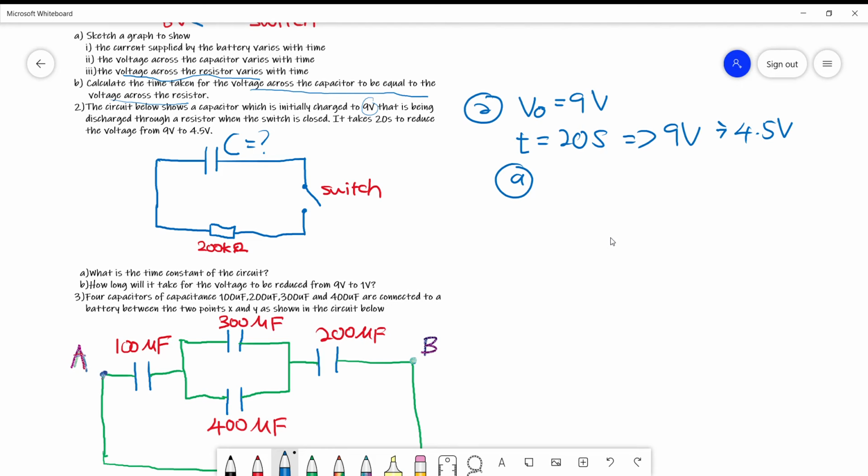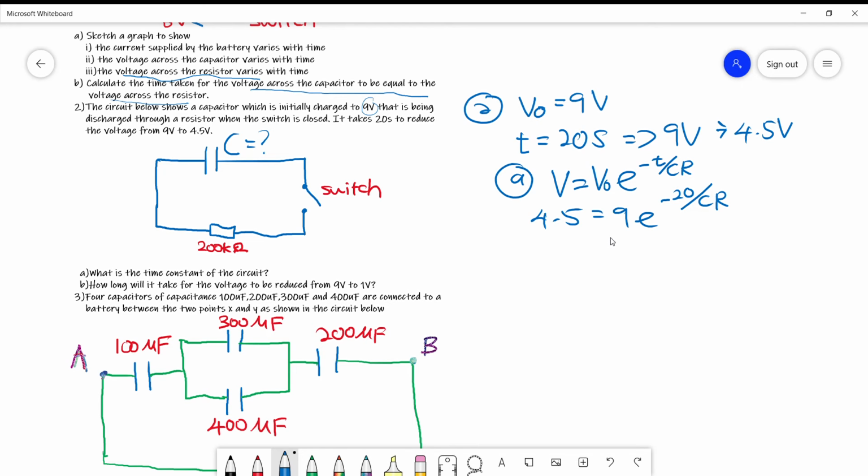This is the discharging circuit, so we need to use the formula for the discharging circuit. V is equal to V naught multiplied by e to the power of negative t over CR. Here V is 4.5 and V naught is 9, and the time taken for the potential difference to reduce from 9 to 4.5 is 20 seconds. So this CR is what we need.